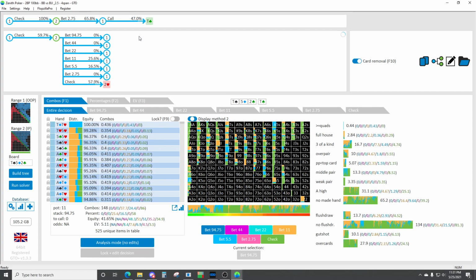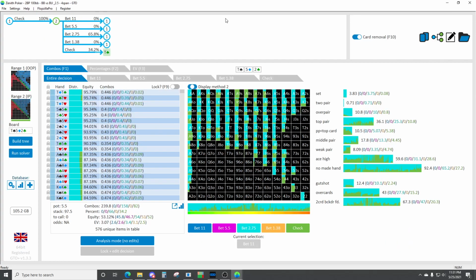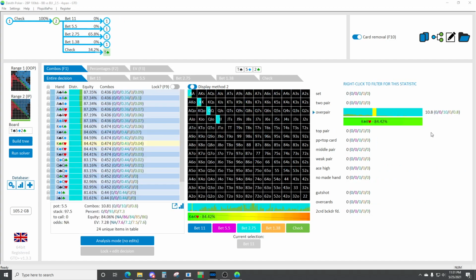And another thing is understanding polarity. I discussed this at length in the overbetting the flop tutorial. But a betting range is going to be inherently more polar than a checking range, because a checking range is built around hands that have an incentive to check back and see a turn.